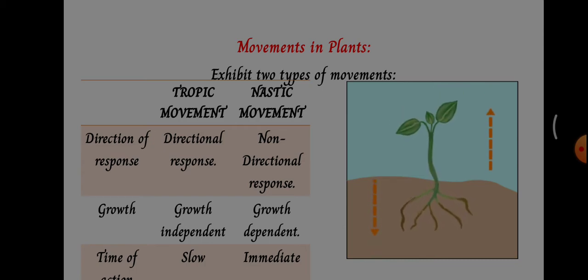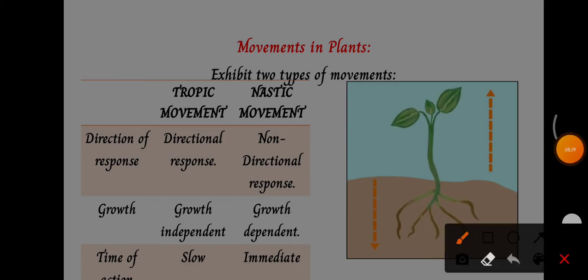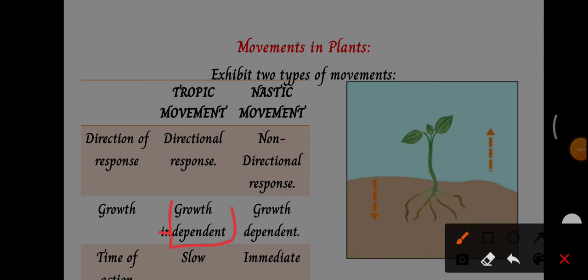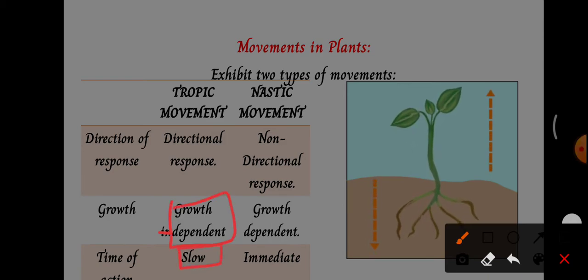Similarly, when we talk about the roots of the plant, the desert plants have longer roots because they reach out to the water, so they move towards the direction of what they need, okay, but it is very slow and it is invisible, okay. The growth of a plant never takes place within a short time. So the tropic movement is growth dependent and it is very slow.